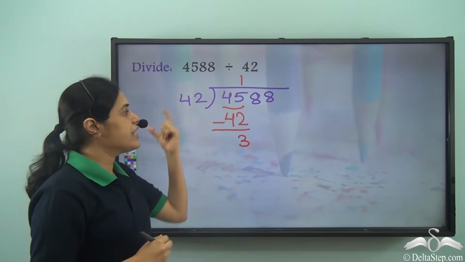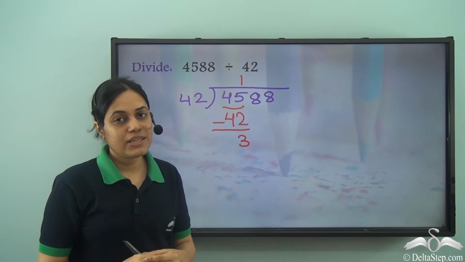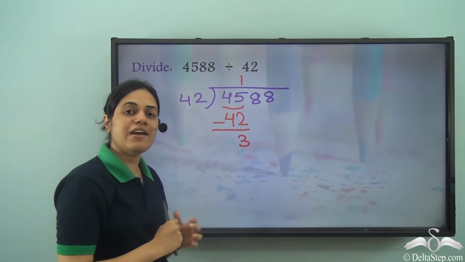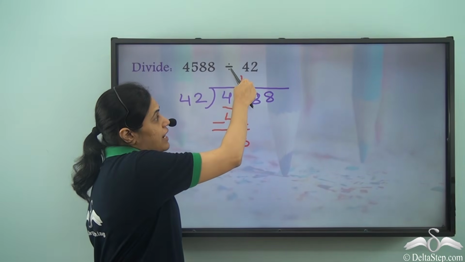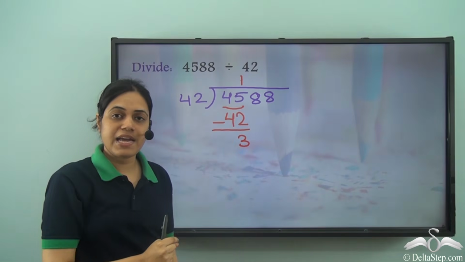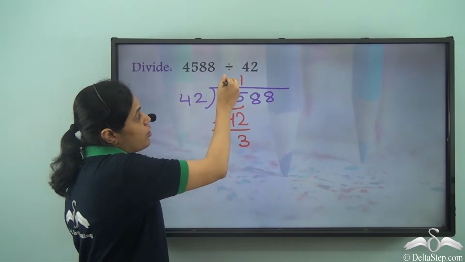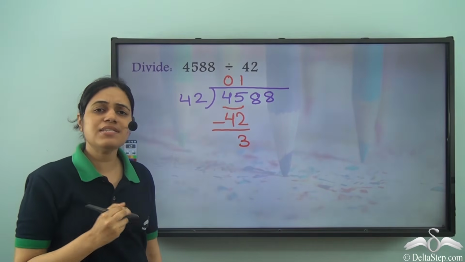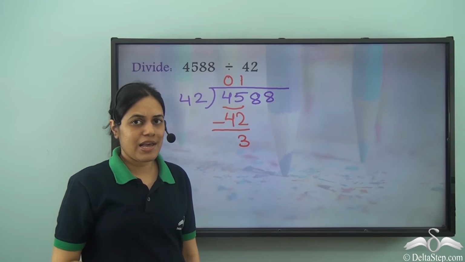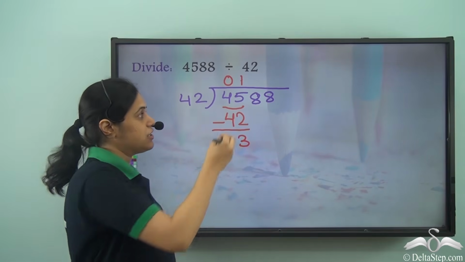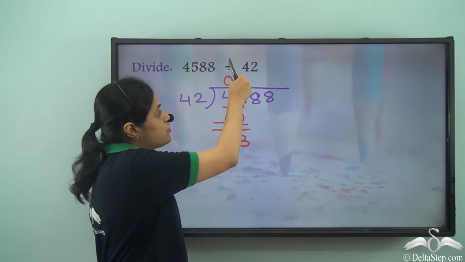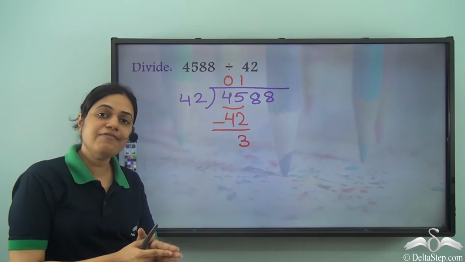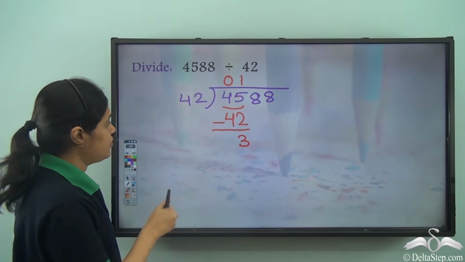Because 3 is less than 42, that means the 1 which I have taken here is correct. Remember, I write this 1 above 5 and not above 4, because above 4 there is a 0, and because it is to the left, I can choose not to write it. So this 1 is for 45. So I write it above 5 and not above 4.